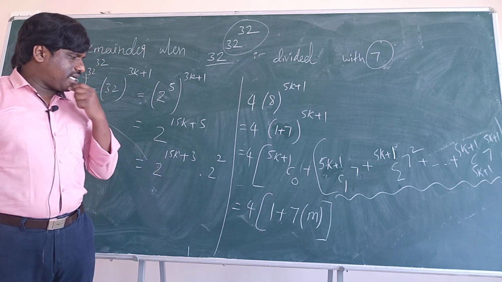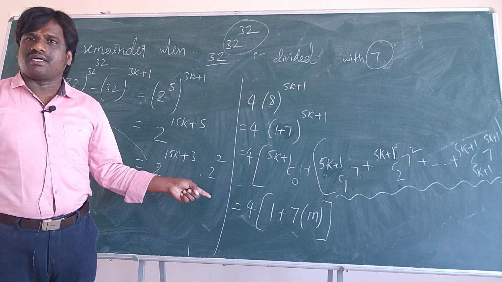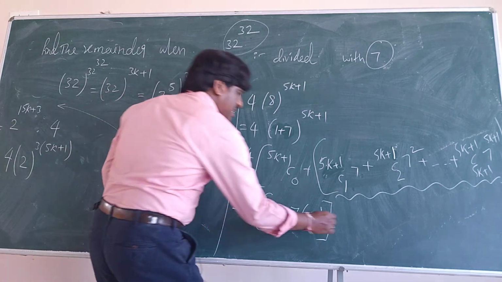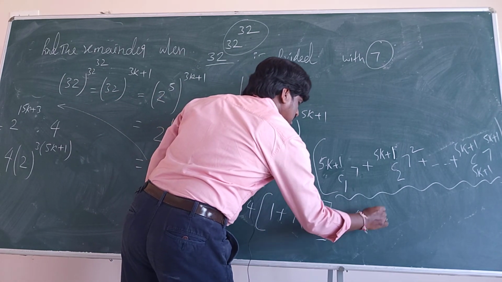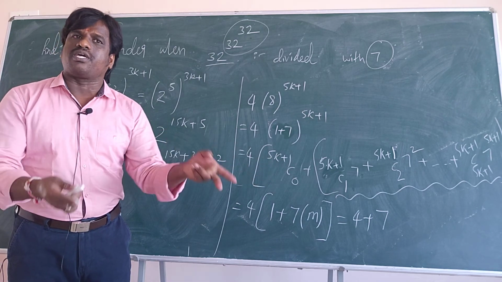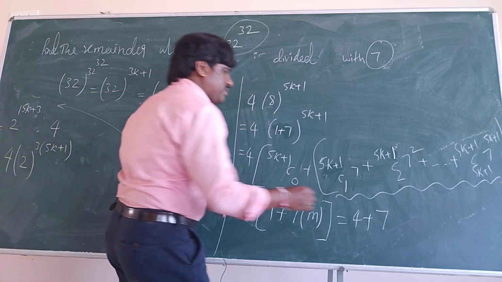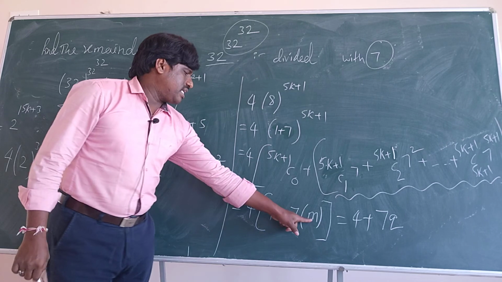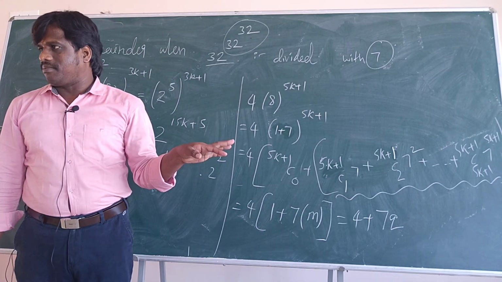So what is the remainder I am getting? I am getting 4 plus 7 into m, where 4 into m is some number.